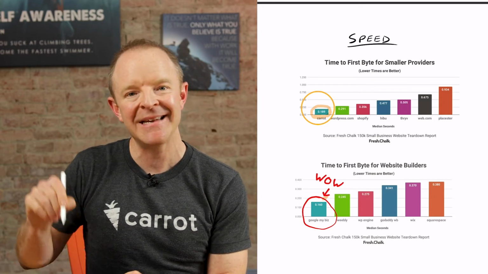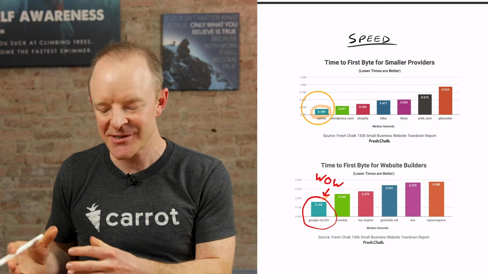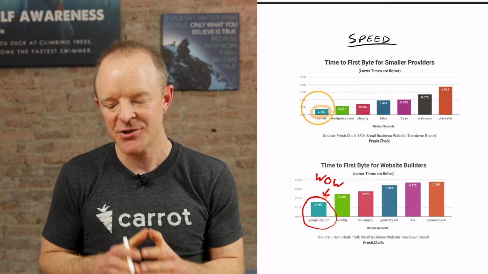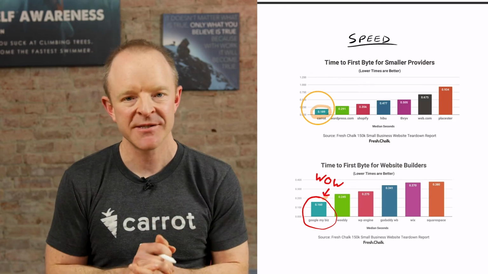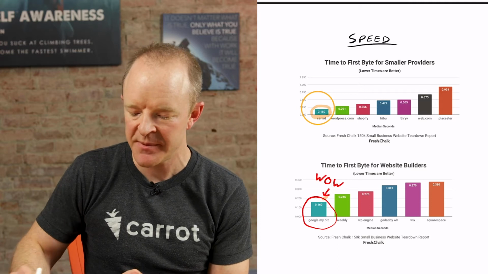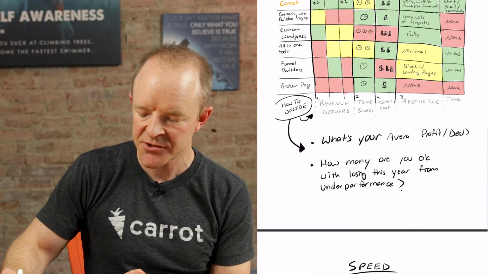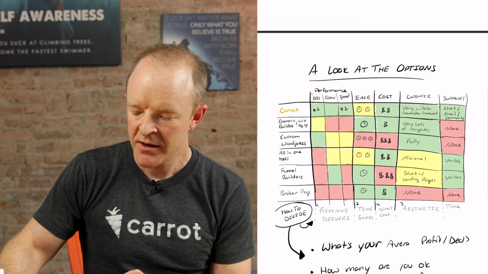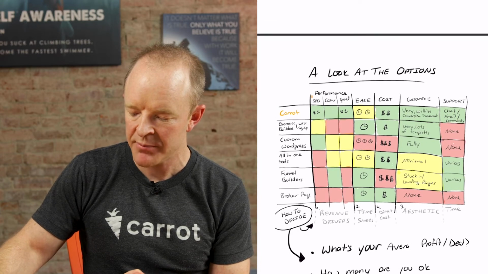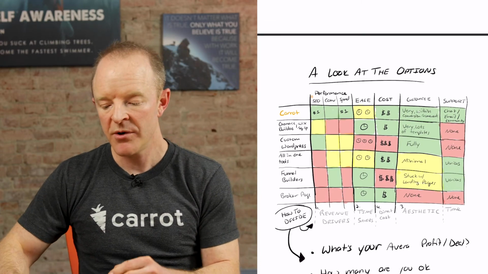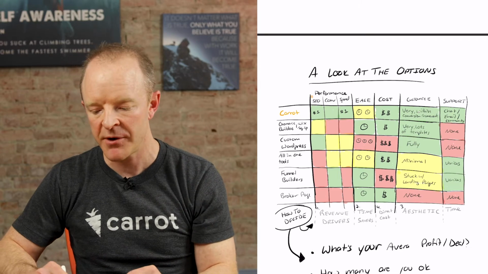Carrot's is 0.189 seconds. The next closest one in the whole study was 0.25, almost double as slow. Okay, guys, so if we pop up here to speed, Carrot crushes WordPress, Shopify, Hibu, Thrive, Web.com, Playster, crushes them all. And so we really help to take that off of your plate for you.